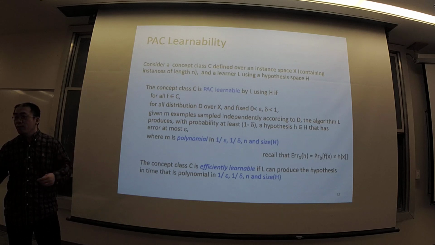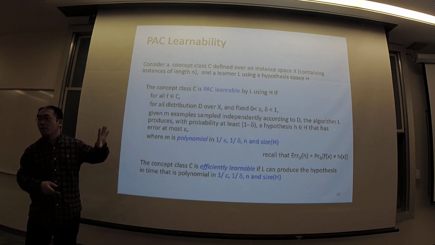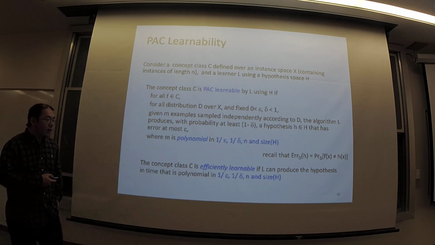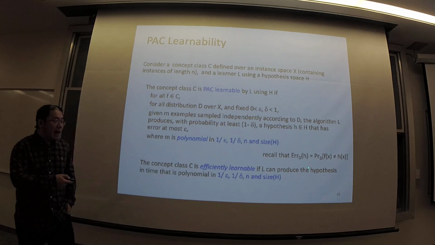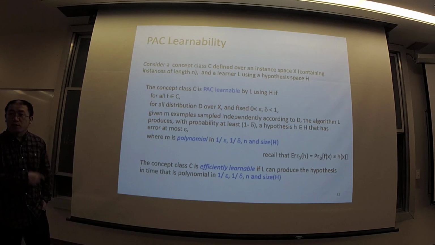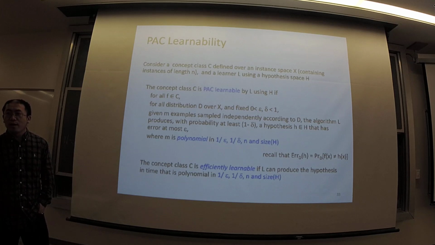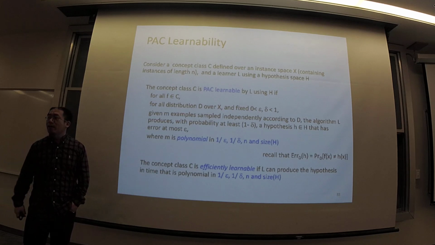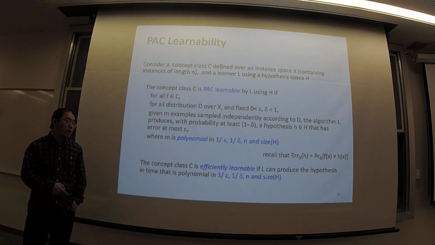But at the same time, you can further require that the computational complexity to produce such a hypothesis is also polynomial in these 4 numbers. So it means I'm not only efficient in samples, but also efficient in time complexity. This is called efficiently learnable.